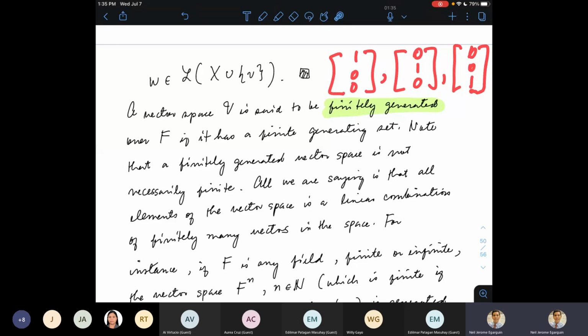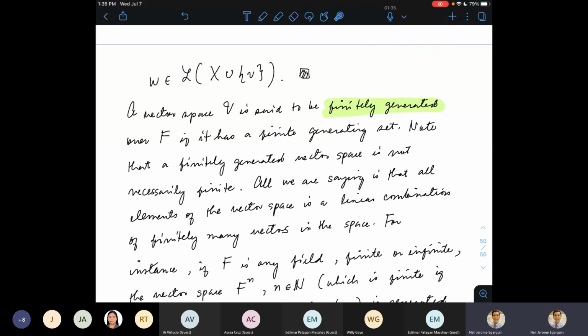Though R3 is an infinite vector space, it can be generated by 3 elements alone. So that makes R3 a finitely generated vector space. So some infinite vector spaces are finitely generated, but all finite vector spaces are finitely generated.